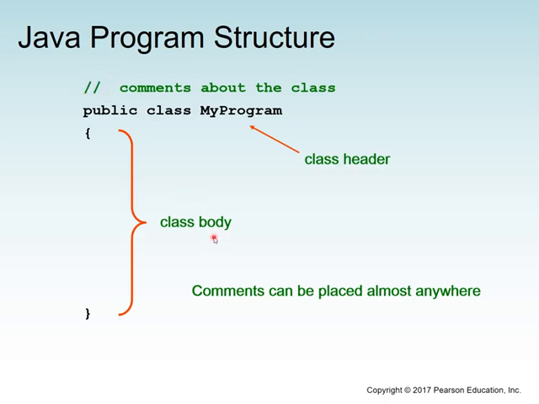There are some others that we'll explore in detail a little bit later, but safe to say that is the first thing that we're going to do when we write a class. We're going to give it a name, public class, whatever name you want, MyProgram. We'll look at some rules on how we can name things later. And then we have a set of braces in which we will write our program.